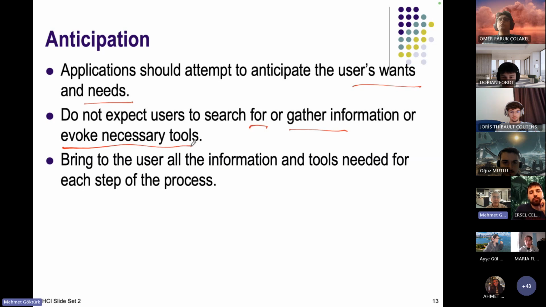Just like Egyptian kings, everything is brought to them and they feel superior. In Turkish, we say yalakalık, right? That's a good term. So the software should act like that, so that the user feels superior. So bring all the tools and information needed for each step of the process to the user.